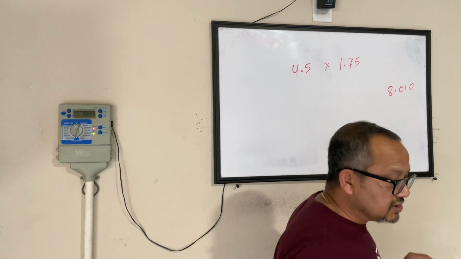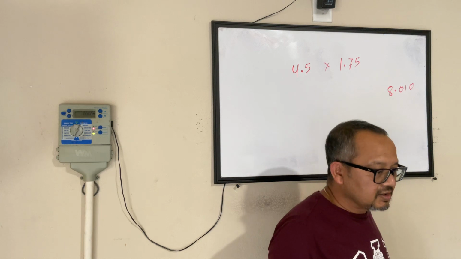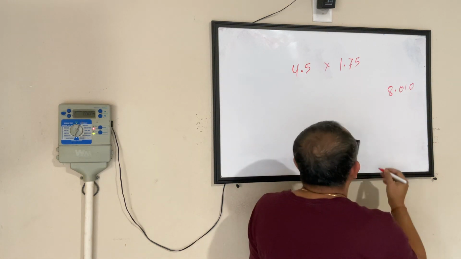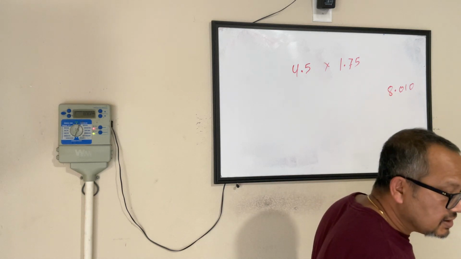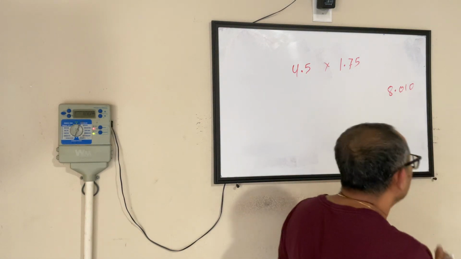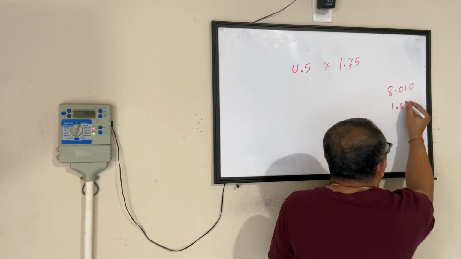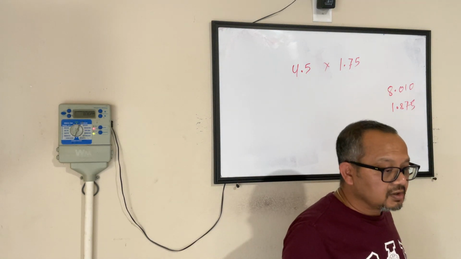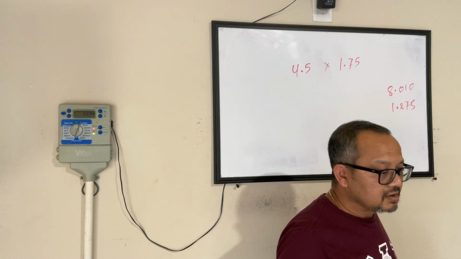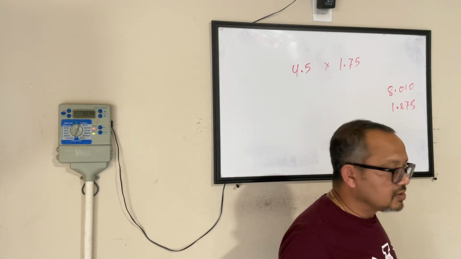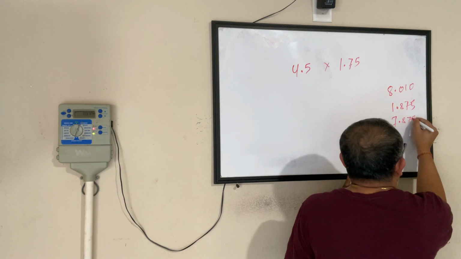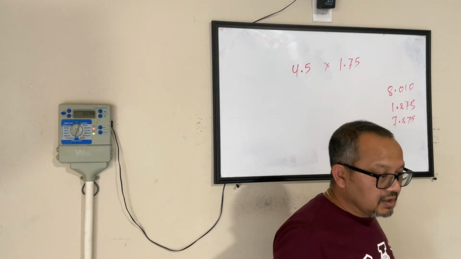How about you, Aditi? 1.875. Okay. How about you, Vaishu? I got 7.875. Okay.